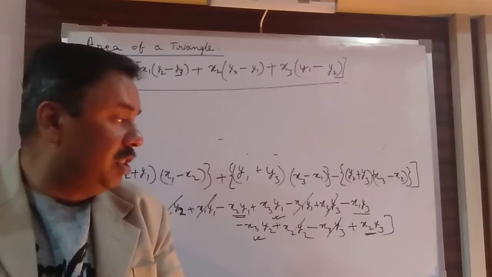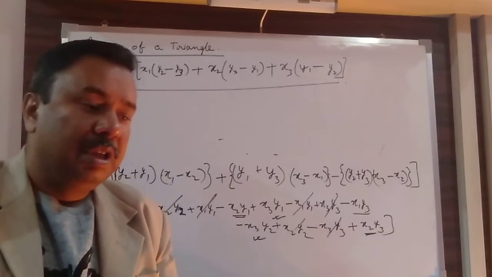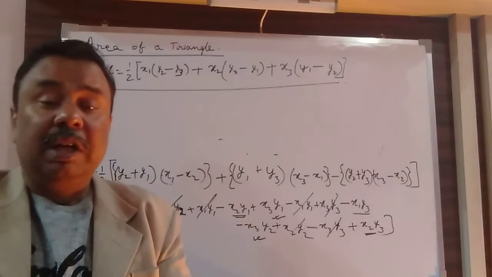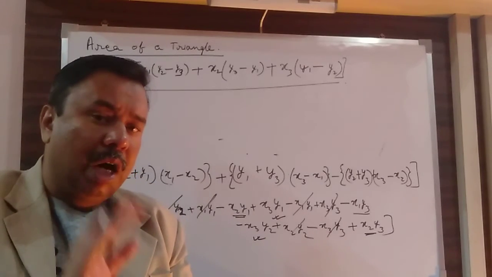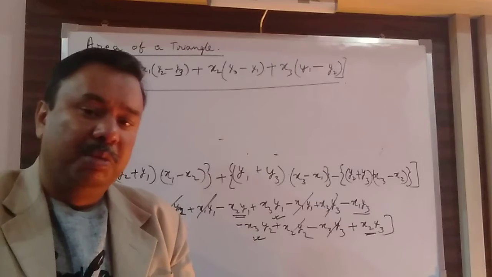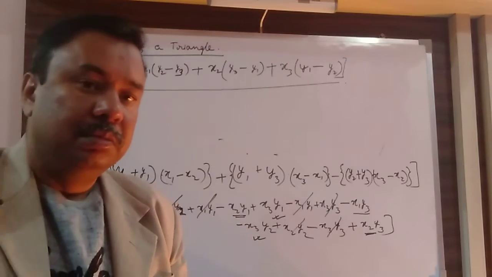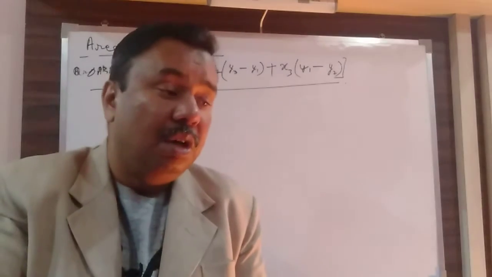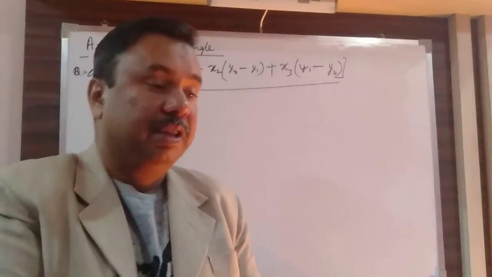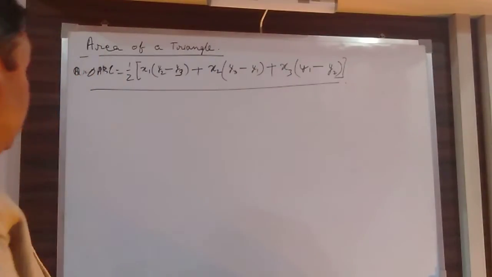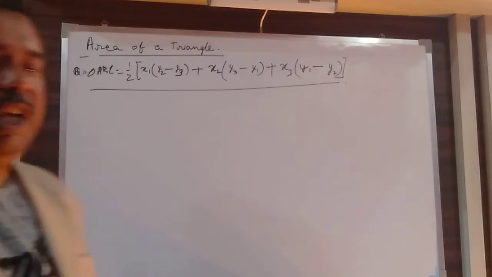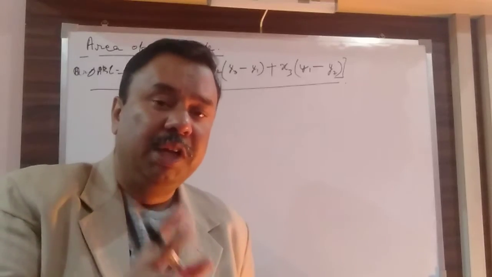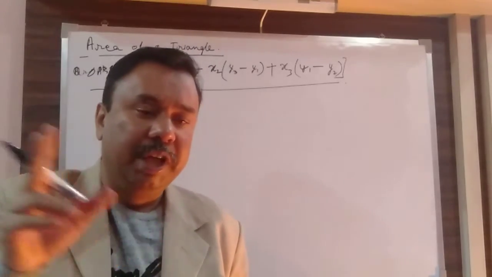It is very easy to remember this formula, and I will give you another direct trick how to remember it. That direct formula is also called the matrix method. You were given points A, B, C. Coordinates were, for A it was x1, y1, for B it was x2, y2, for C it was x3, y3.